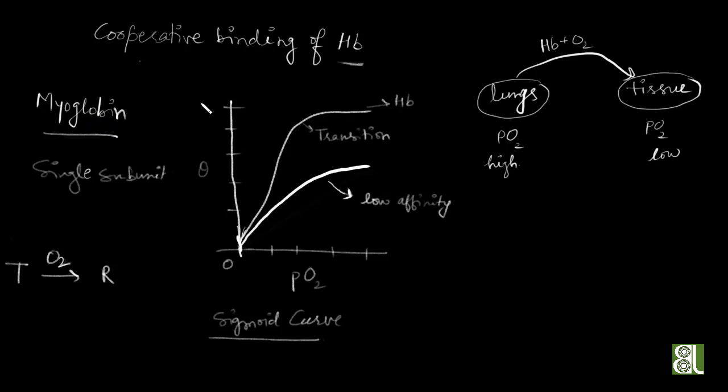So the answer is, here I have drawn a curve between theta and partial pressure of oxygen. Theta stands for the fraction of ligand binding sites that have been occupied. So the curve here I'm getting is the hyperbolic curve, that is for myoglobin protein.